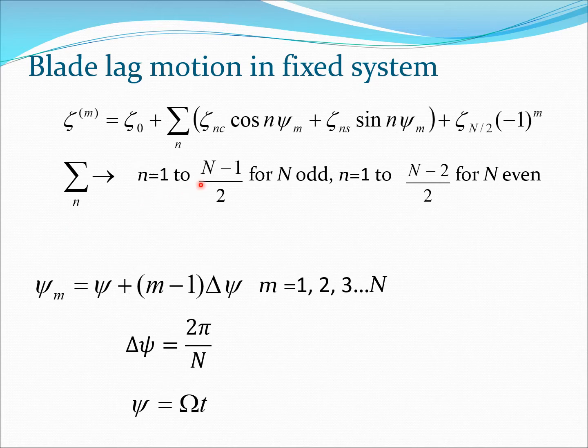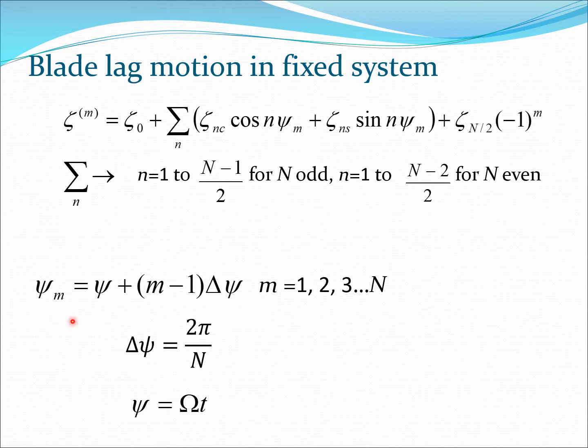Small n is 1 to capital N minus 1 by 2 for N odd. So for example, if we had a 3-bladed rotor, that would be 3 minus 1 by 2, that would be 1. If we had a 4-bladed rotor, that would be 4 minus 2 by 2, that would be 1. So these are the simple cases, and we will look at the 4-bladed rotor today.